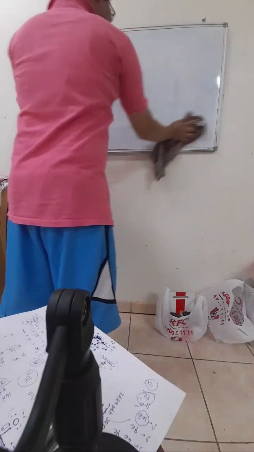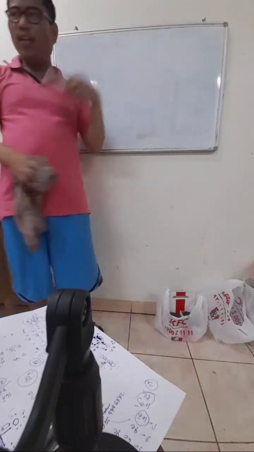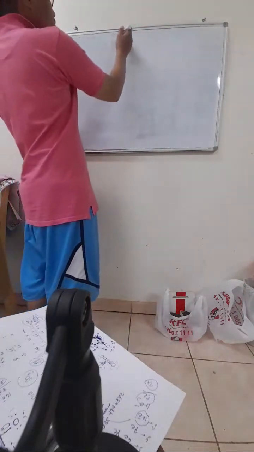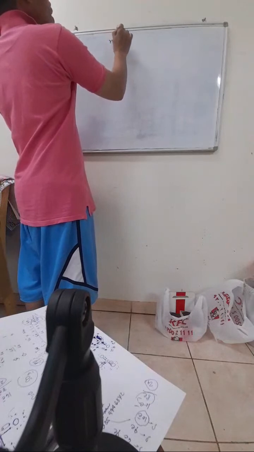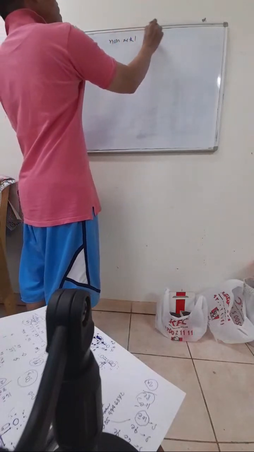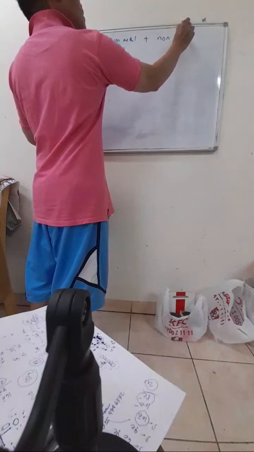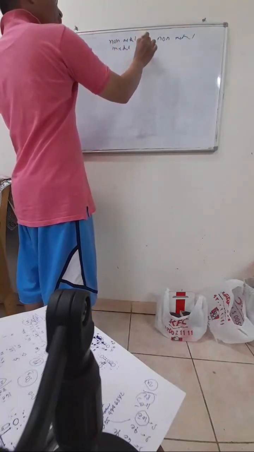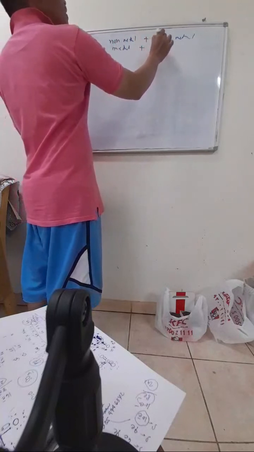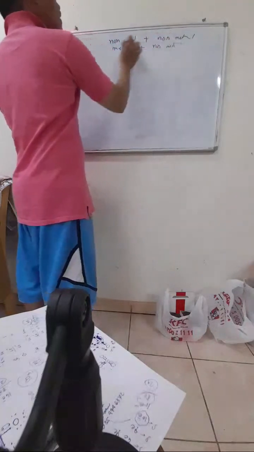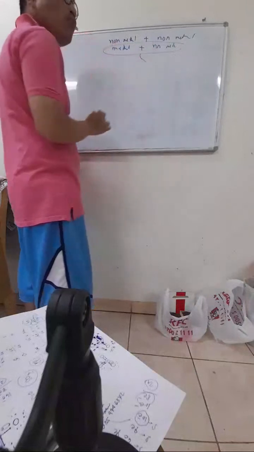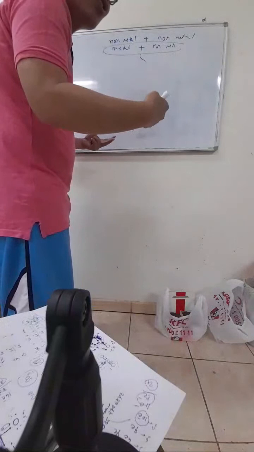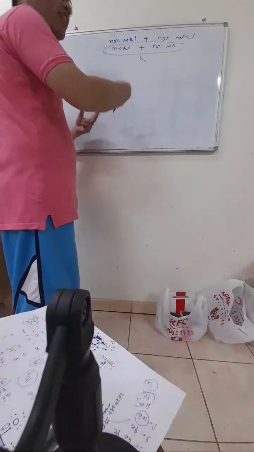And then I said molecular and ionic to make it understandable or to give a basic knowledge. When you say molecular, that is non-metal plus non-metal. If you say ionic, metal plus non-metal. That's why ionic undergoes the process of neutralization because they have different charges, the positive cation and the anion.